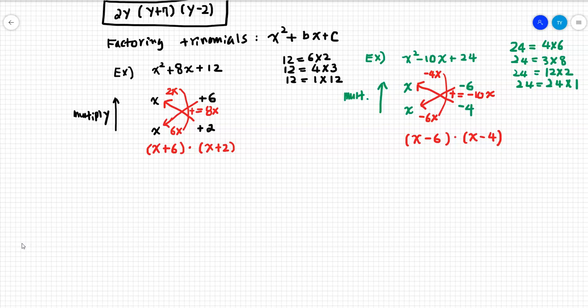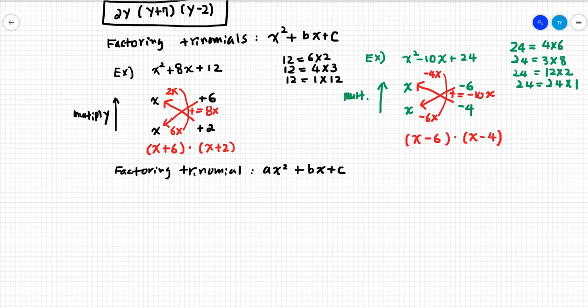So I am going to write factoring trinomials. This one has ax squared plus bx plus c.